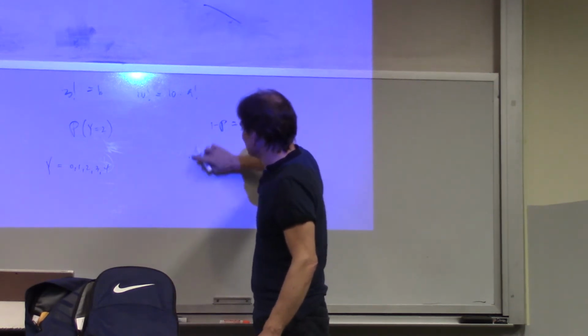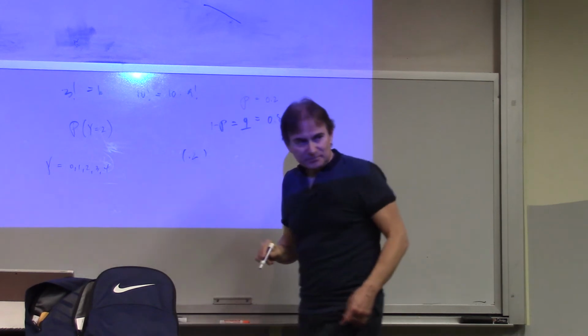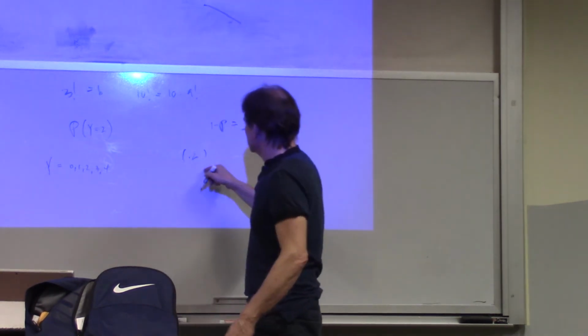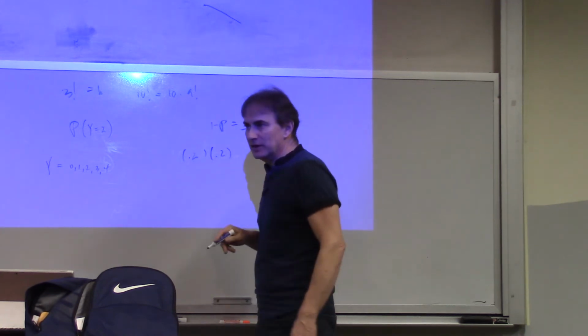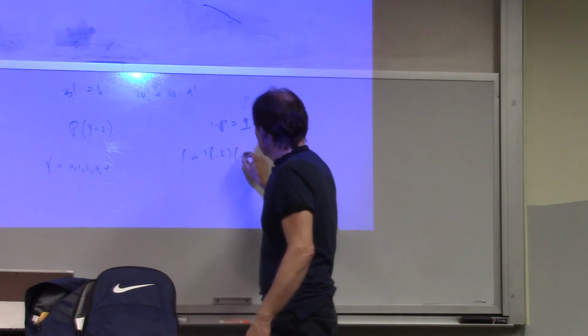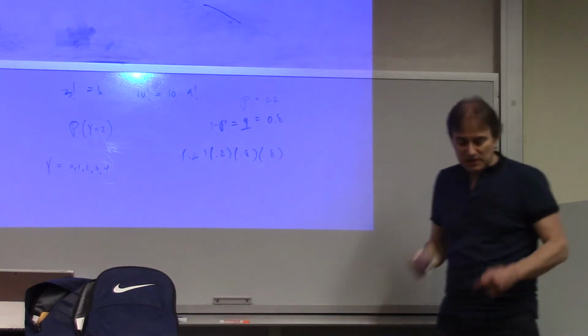No, failure. Success. Okay? I want to get the probability that I get 2 successes. But in order for me to get 2 successes, I would have to have a failure here and a failure here. Are you with me?